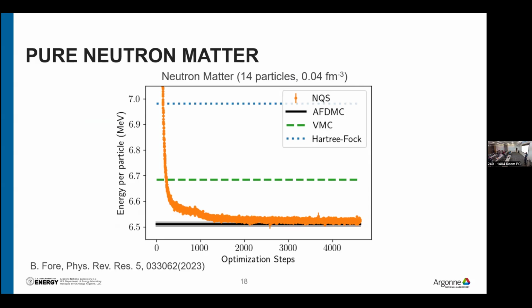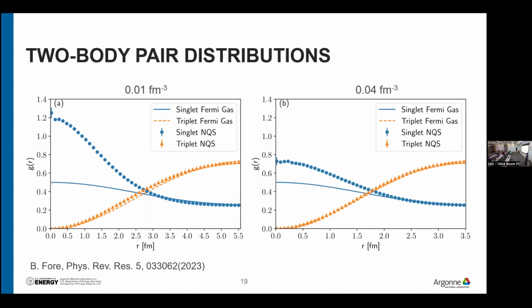But one thing we can do that we can't do with the DMC result is look at other observables. So we have a fully trained, what looks like the approximation to the ground state of the system, the ground state wave function of the system. One potential observable for pure neutron matter is something like the pair distributions.